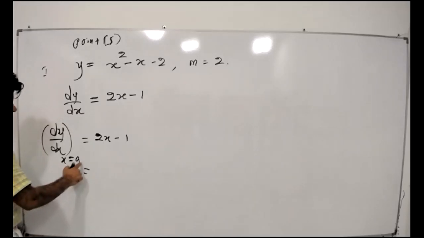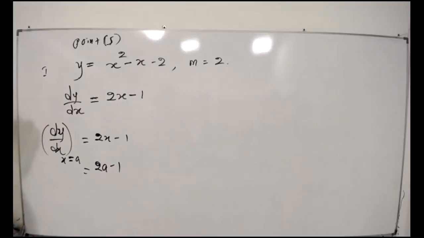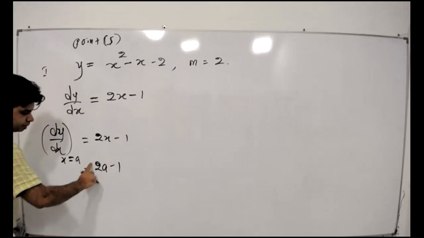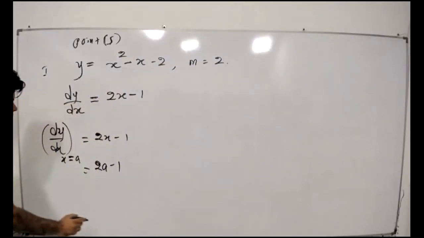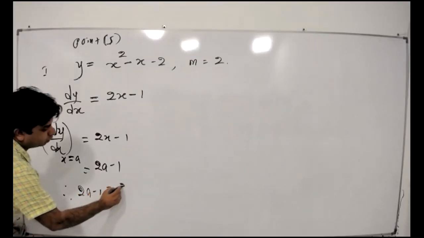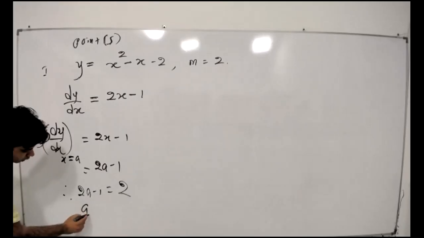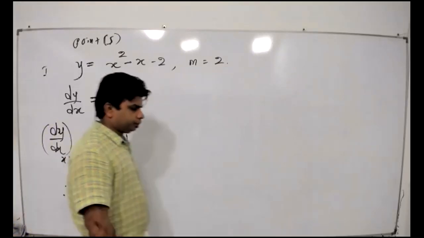When you substitute x by a, you get 2a minus 1, clear? Now, you know that this particular gradient is given as 2. So therefore, we can write that 2a minus 1 equals 2, then a equals 3 over 2.